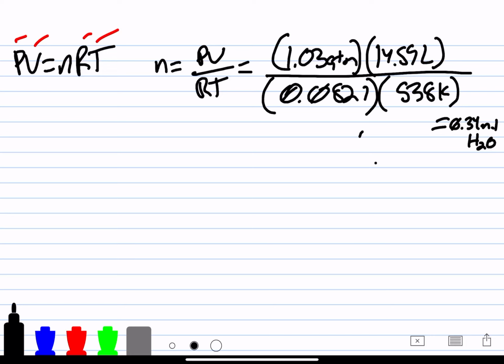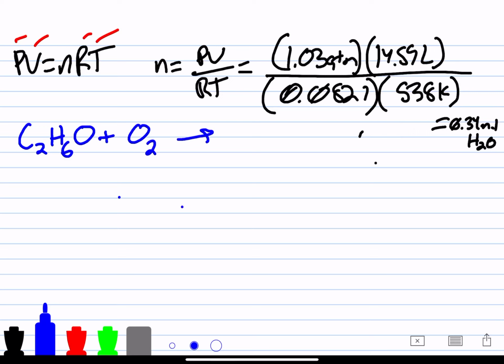The next step we need to do is we need to balance the chemical equation. So ethanol, the formula is given to us. It is C2H6O. It is given, and then we know we're going to burn it in oxygen, and we're going to end up with water, which is what we're interested in, and then CO2.